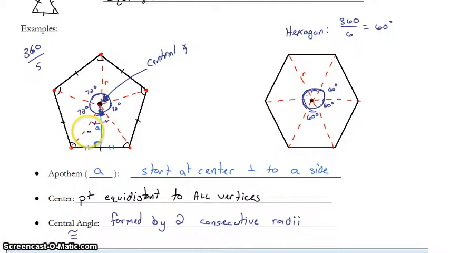So if that's 72, then you have a 36 degree angle and a 36 degree angle. If that's 60, this apothem cuts it into a 30 and 30. Really key idea that we're going to talk about shortly.